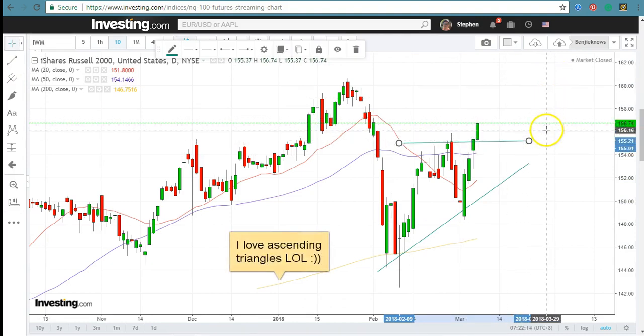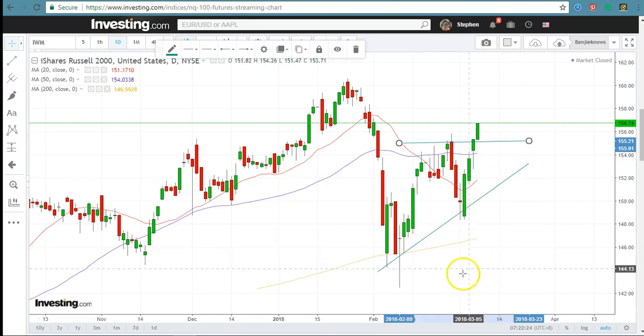Actually, it looks quite like an ascending triangle. Now, it might not be a clean one. It's quite wide, but as you can see, the small caps are making a higher low here, and it recently broke out of this resistance area.